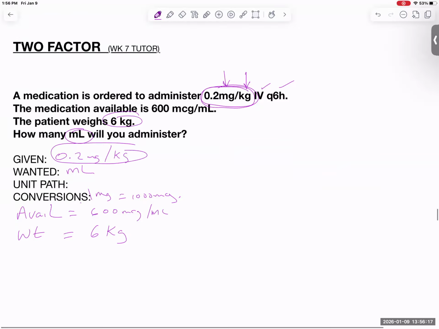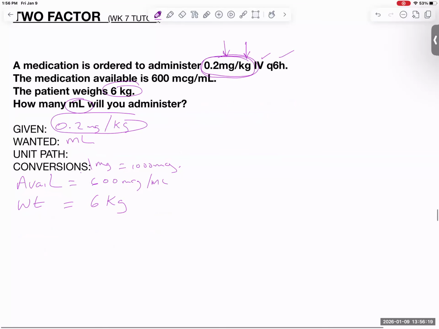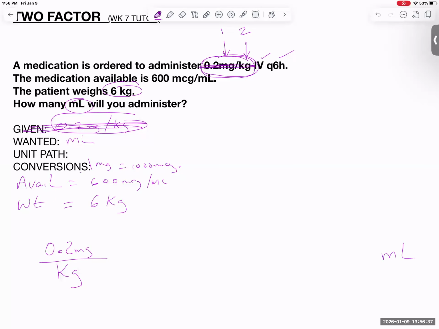So I want you to watch what I do. I start with my given. Because this is a two-factor, we have to now write it like this. 0.2 milligrams over the kilogram. That's it. That's my given. I've used it. My wanted is milliliters over 1 or nothing.